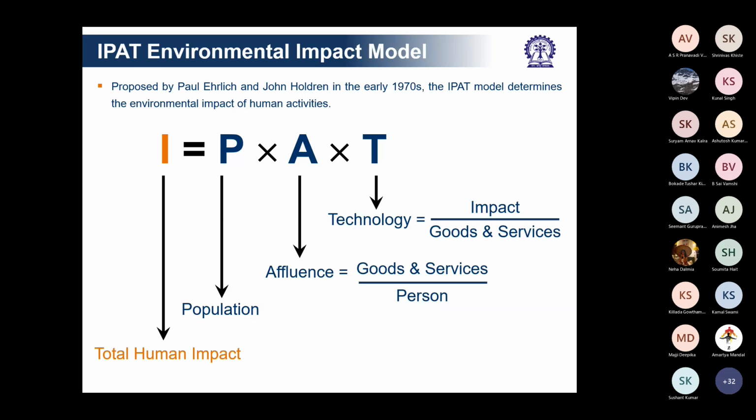Here, I is the total human impact on the environment, P is the population, A is the goods and services per person, while T is the impact of goods and services.